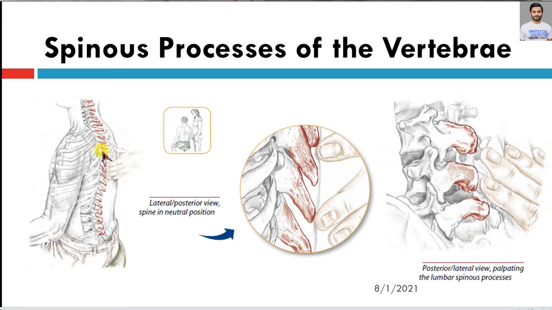So please remember, I repeat it again, whenever you want to palpate the thoracic spinous processes, they are inclined towards the lumbar spine. This is the reason that if you are palpating the spinous process of T4 or T5, in front of that spinous process will be the vertebral body of the lower segment. Like on T5 spinous process, there will be the vertebral body of T6.